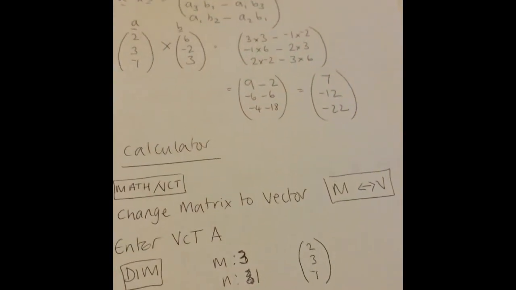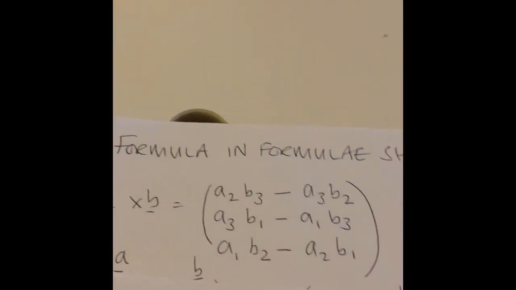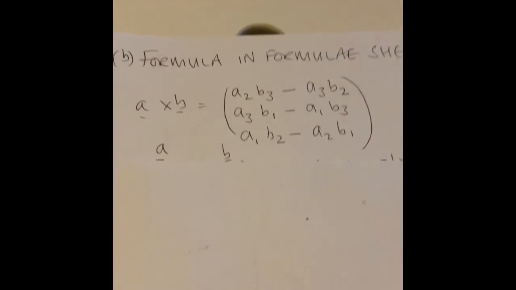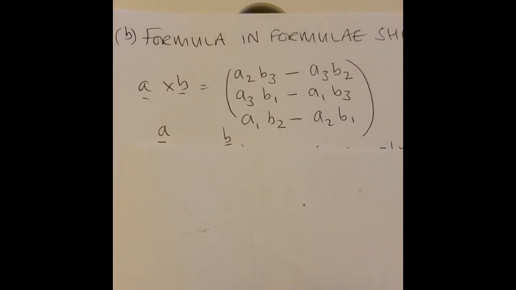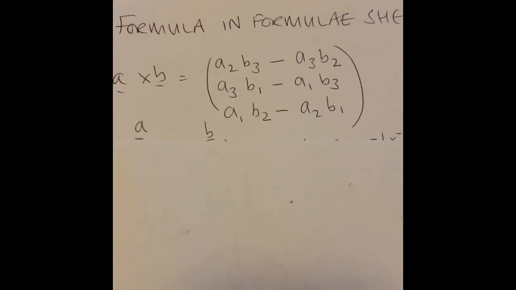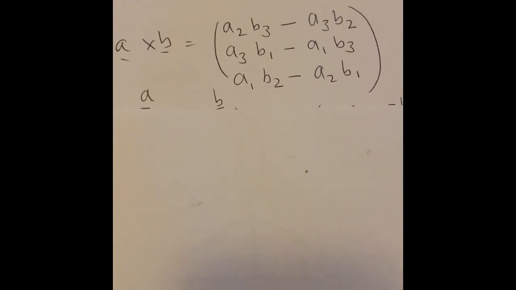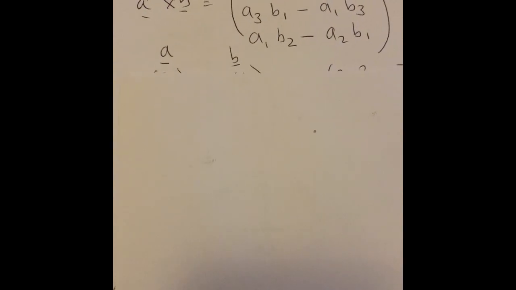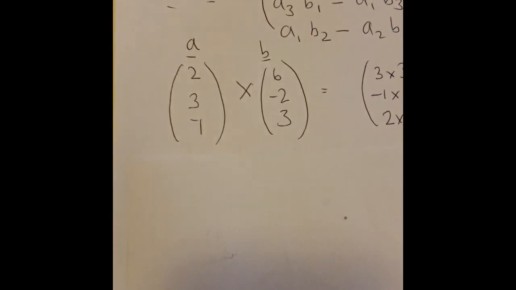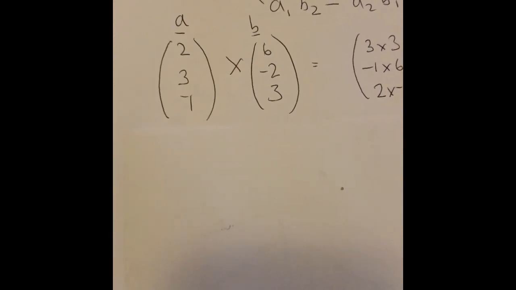The second method is to literally use the formula sheet that you're given in the exam, and you will be given a formula that you can use and just literally read it off the formula sheet. So obviously your first vector is A and your second vector is B. So we've got the same two vectors.